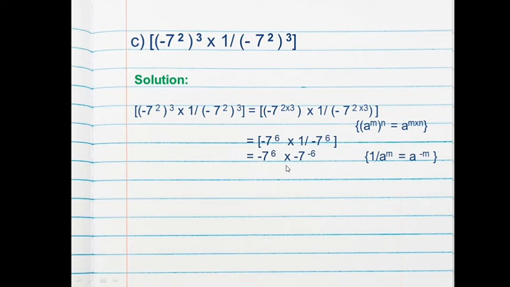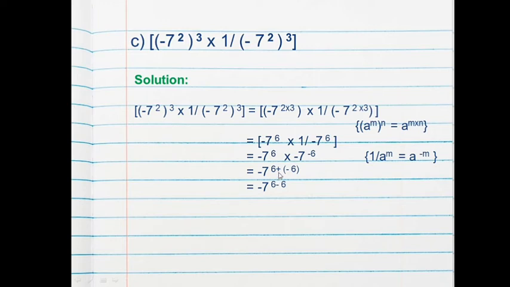Now observe that -7 is given, it means the bases are equal and the exponents are different, that is plus 6, and here it is given minus 6, and here multiplication is given. It means we can apply the law of addition of exponents. So that is (-7)^(6 + (-6)). So here we applied the law a^m into a^n is equal to a^(m+n).